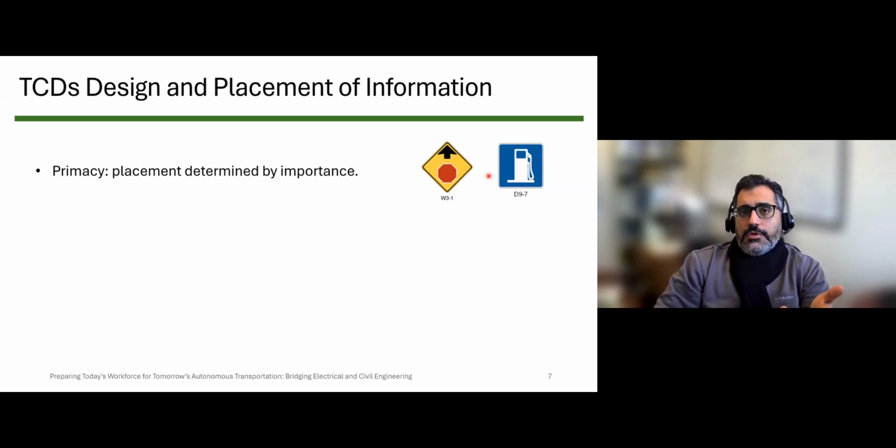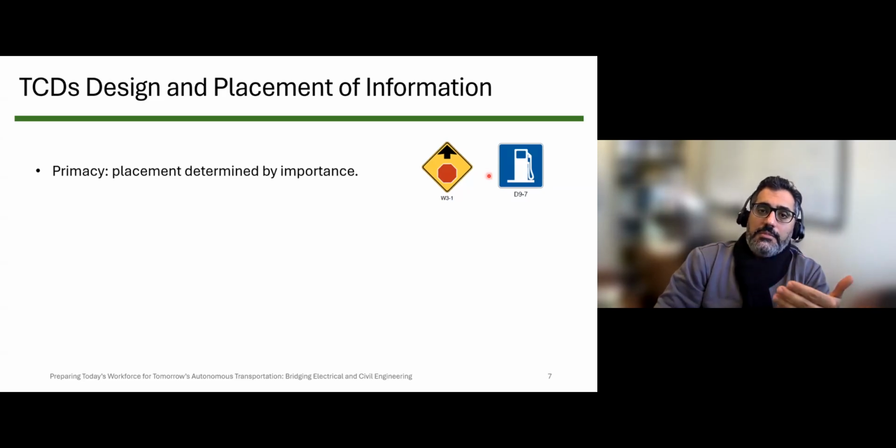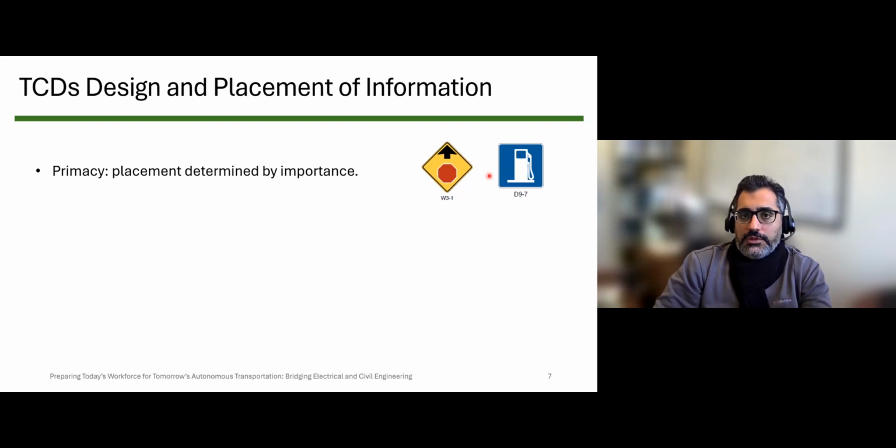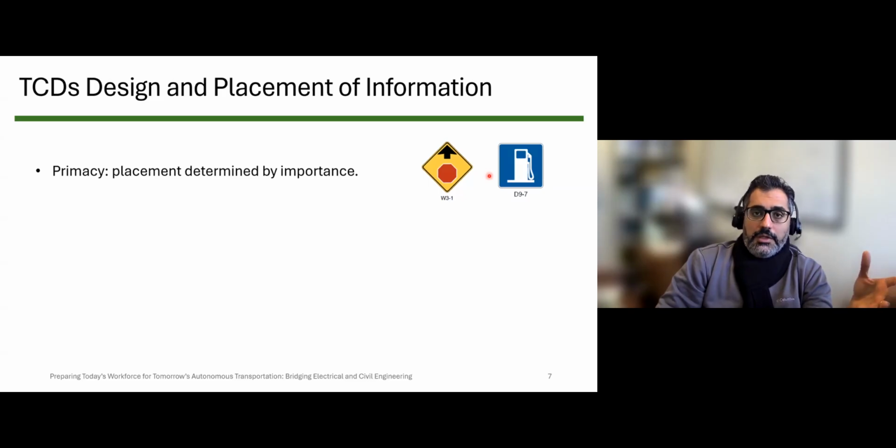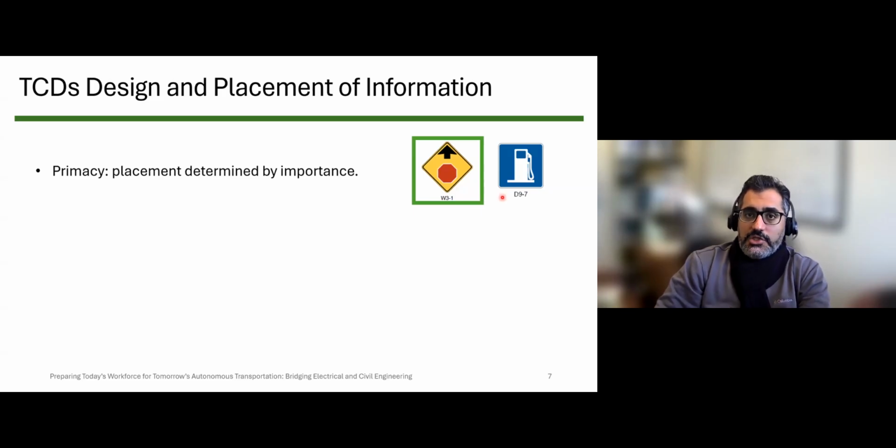And we want to inform the drivers about these things that are happening at that intersection. But what do we do first? We will convey the message that is the most important one. Safety is always the most important theme in traffic control devices. So for sure, I need to let them know of that stop control, of that stop sign, before I let them know about the availability of a gas station.